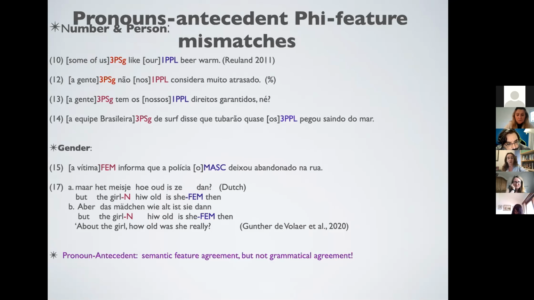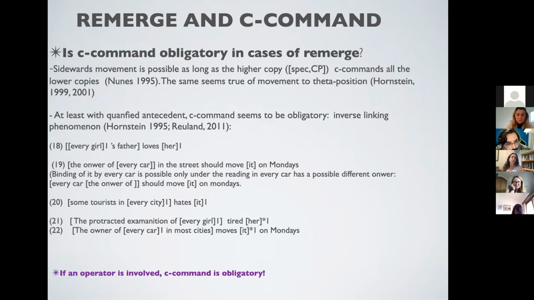So pronoun antecedent is something that is a case in which you see semantic feature agreement, but not necessarily grammatical agreement. Another thing that is interesting here is this question: is C-command obligatory in cases of remerge? So, for example, take sidewards movement. Sidewards movement kind of involves C-command because the higher copy, the copy in spec CP, has to C-command all the lower copies. The same seems to be true about theta roles.